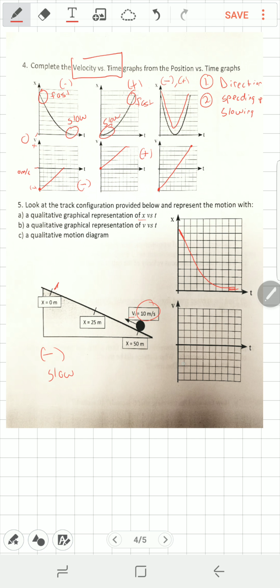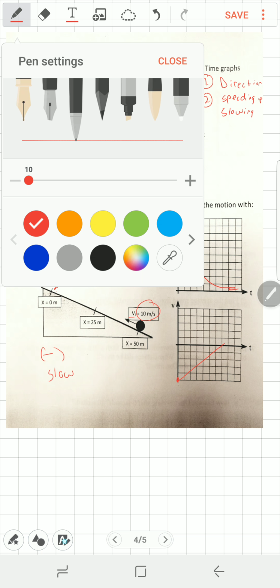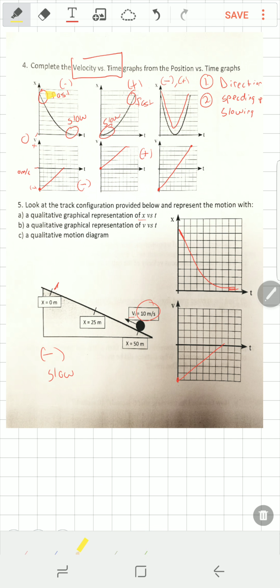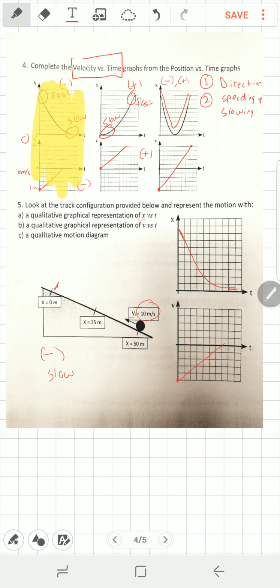Here's the same thing. I'm going to start off fast, which means away from my 0, and I'm going to end up stopping, going towards my 0. By the way, you should think of these right over here. We just discussed this. Look at what we did over here, and look at what we have over here. They are the exact same.